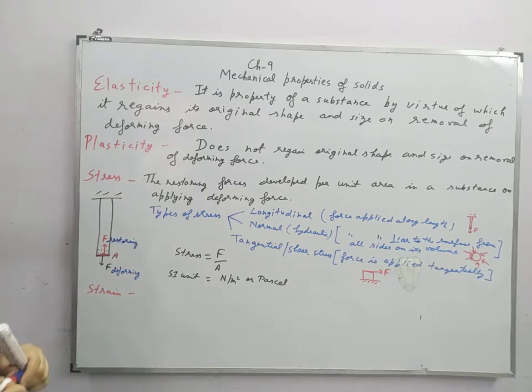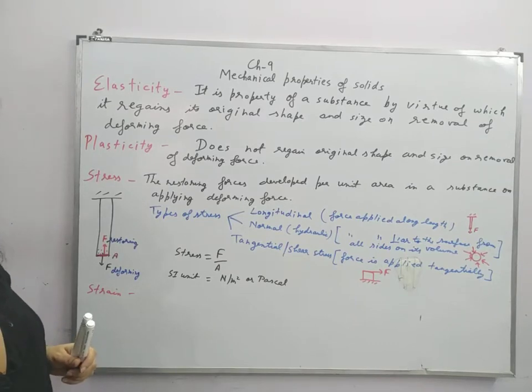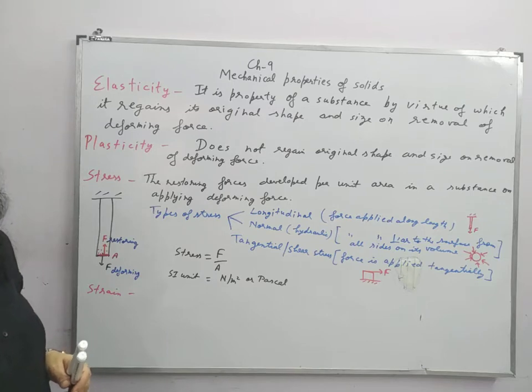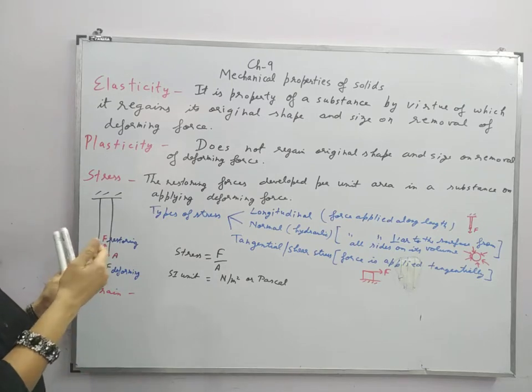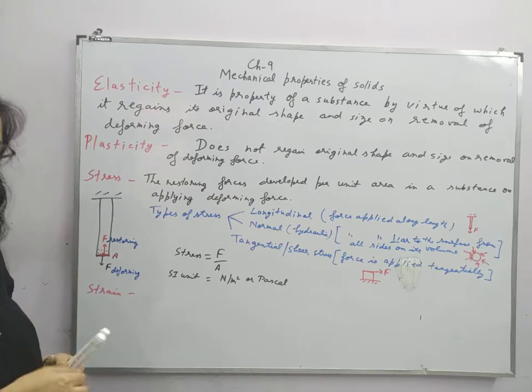Whenever we are applying some force, there will be a change in the dimension of the body. So if we are applying a force longitudinally, there will be a change in length. So if we talk about the ratio of the change in dimension upon original dimension, then we talk about strain.